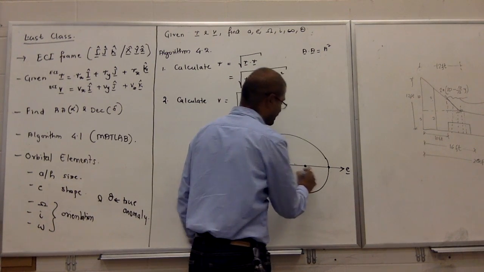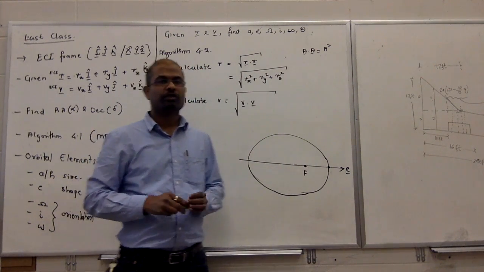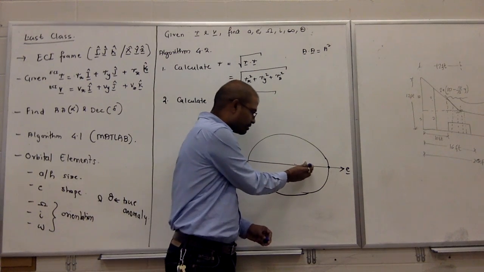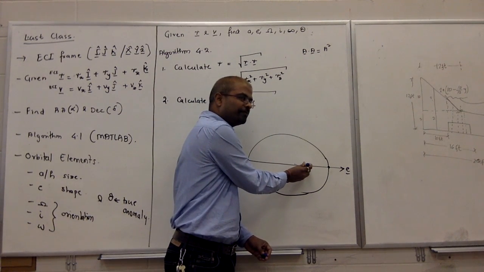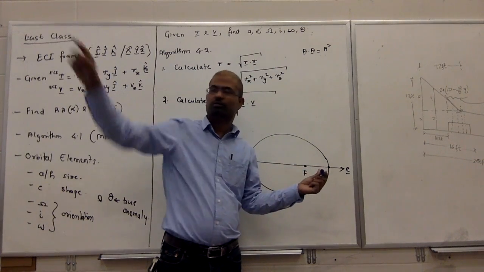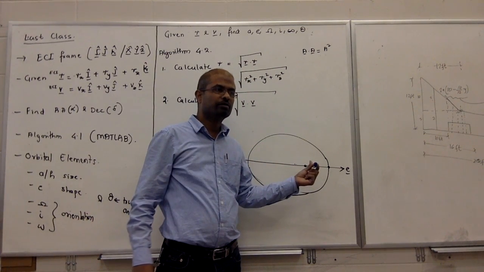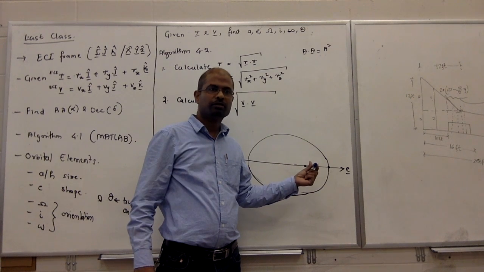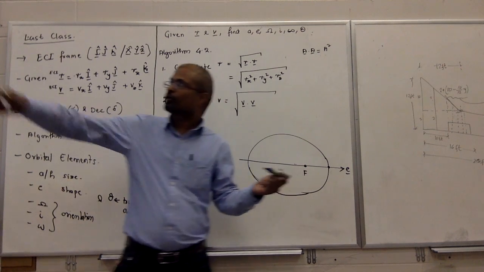Because of this, so this is F. H is this, with this arrow. I can see that H is poking out.